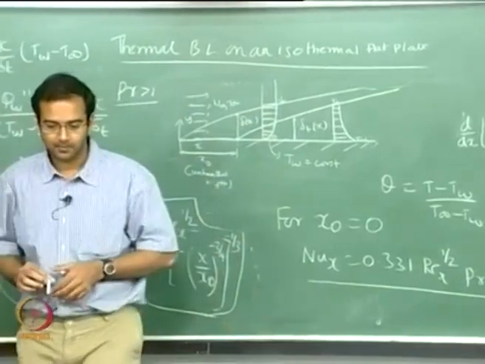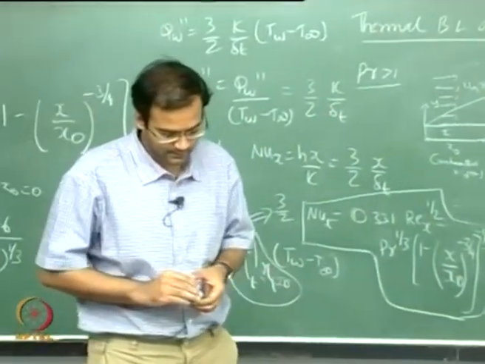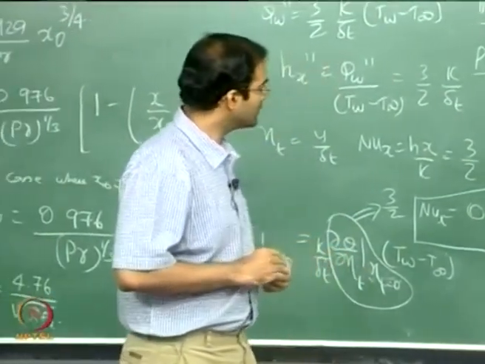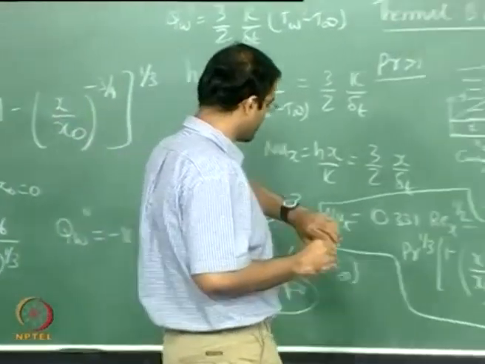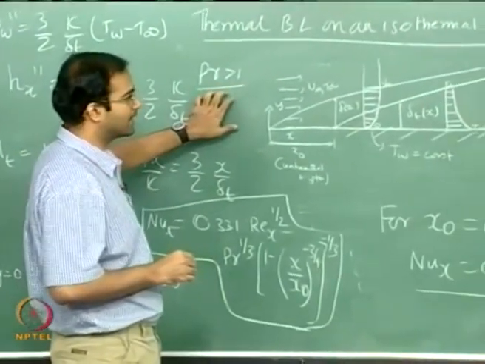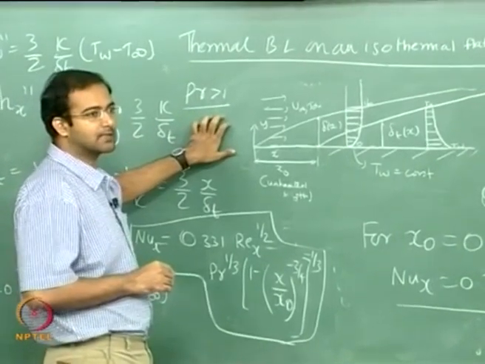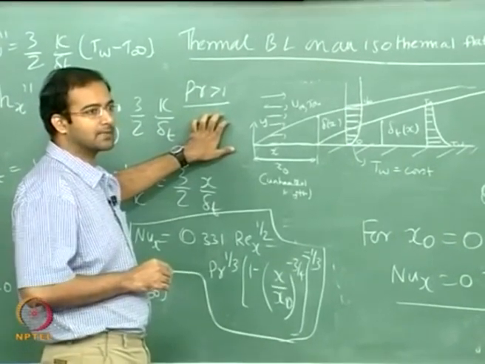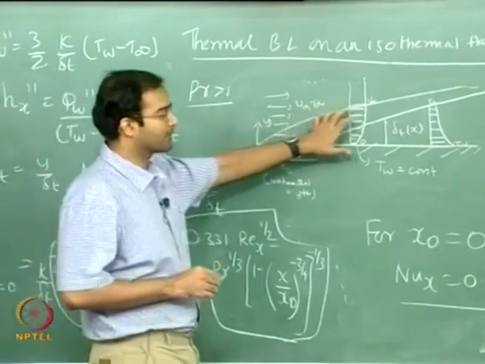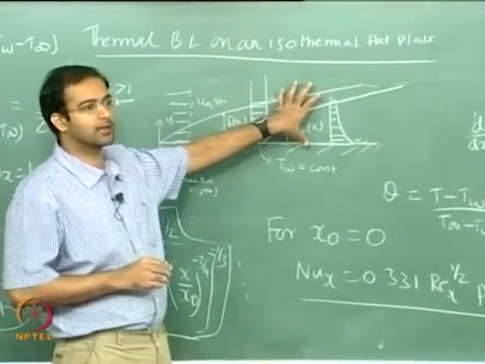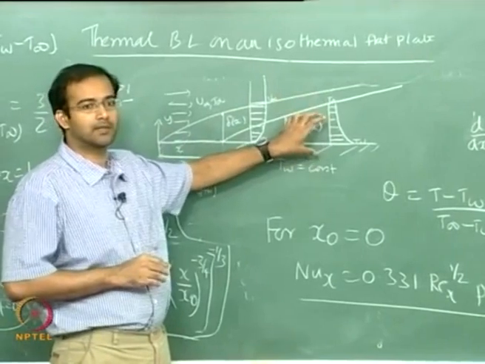We will stop here today. I also want to tell you that we can do a similar approximate solution for Prandtl number less than 1, which I am not going to do. For Prandtl number much less than 1, the thermal boundary layer thickness is far greater than the momentum boundary layer thickness.